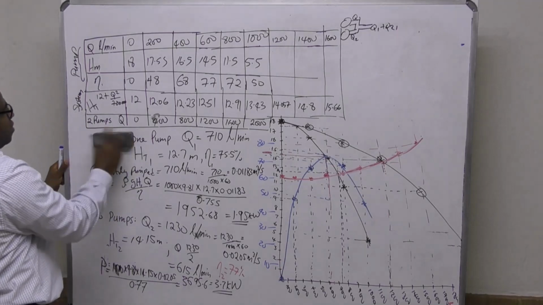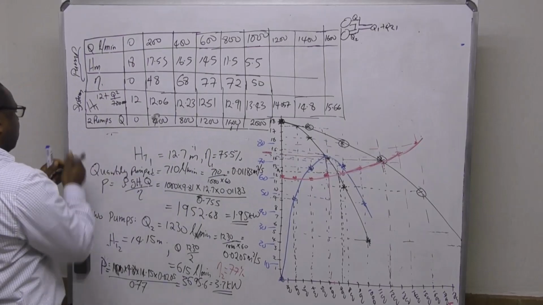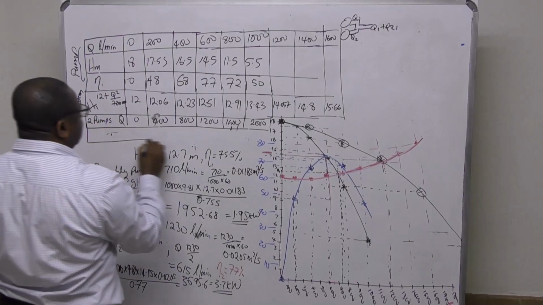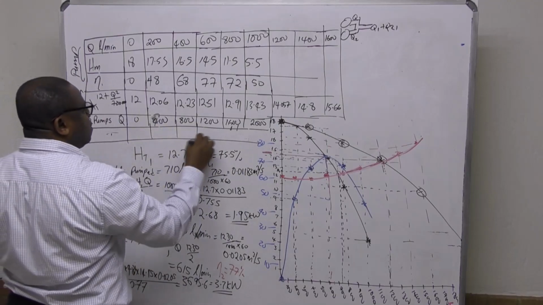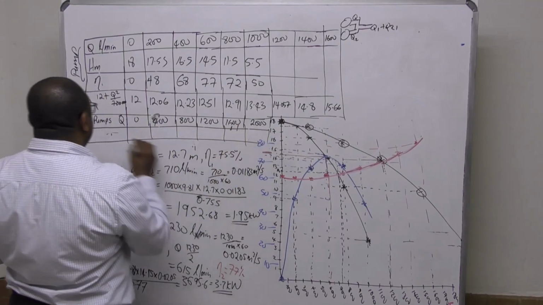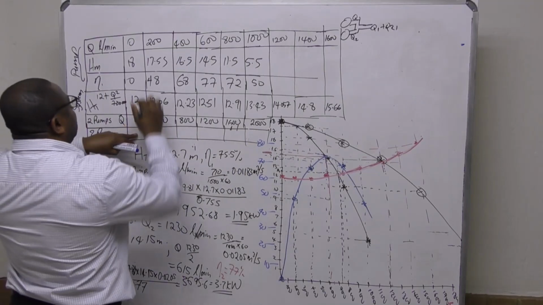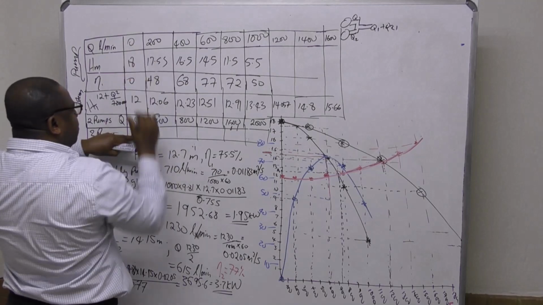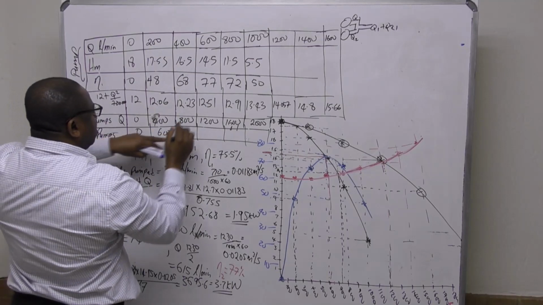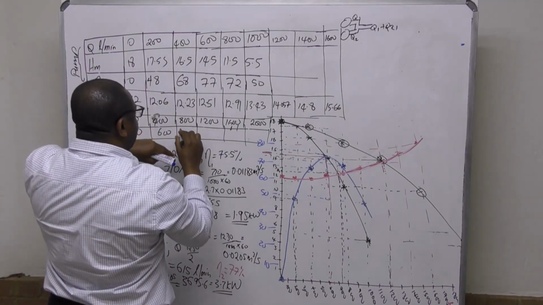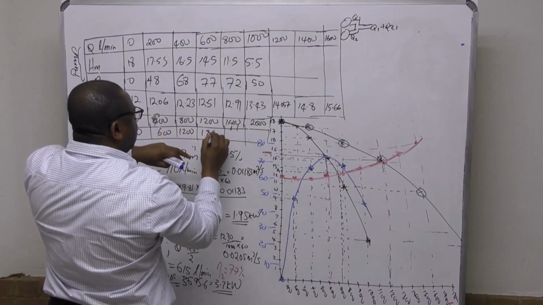I'm going to clean this. At least you know what is there. When you have 3 pumps, which means this flow times 3: this one times 3, 600. This times 3, 1,200. This times 3, 1,800.